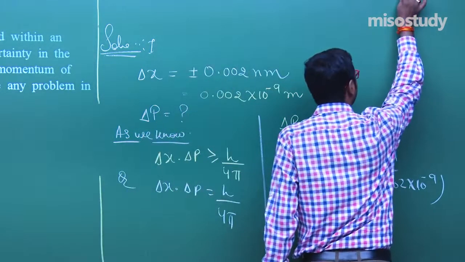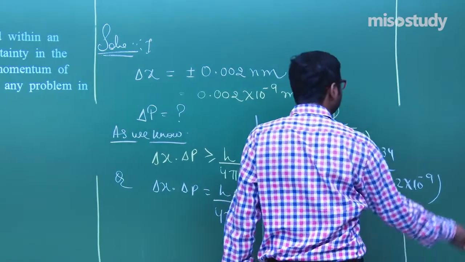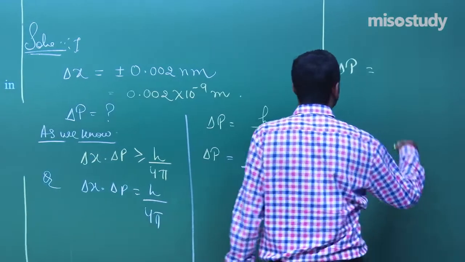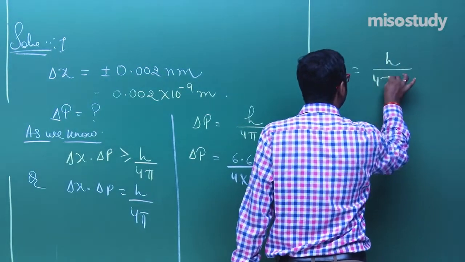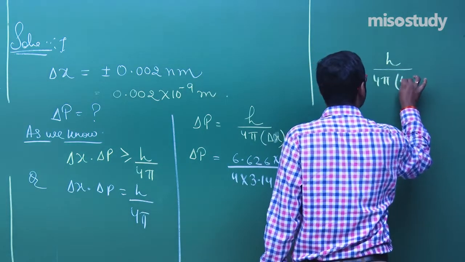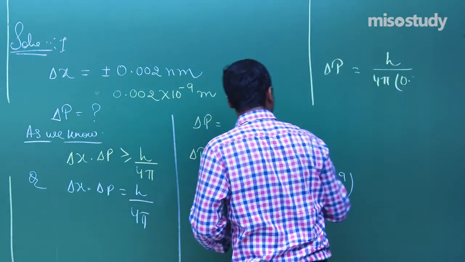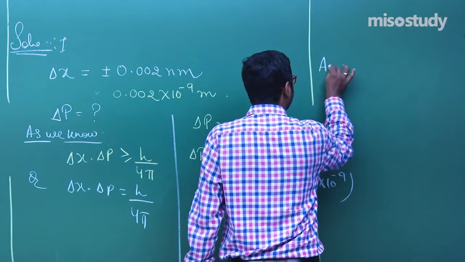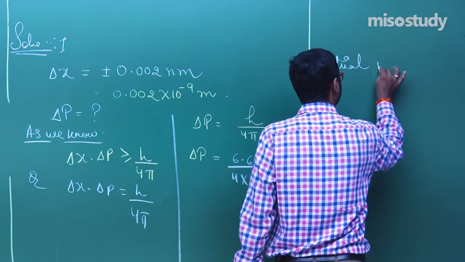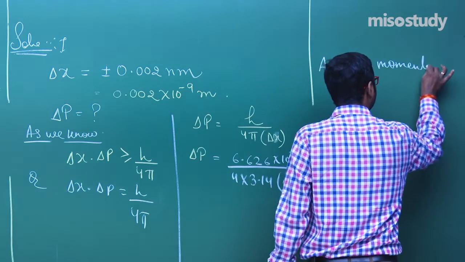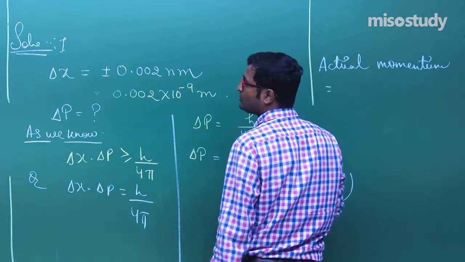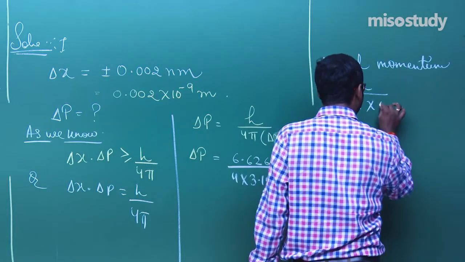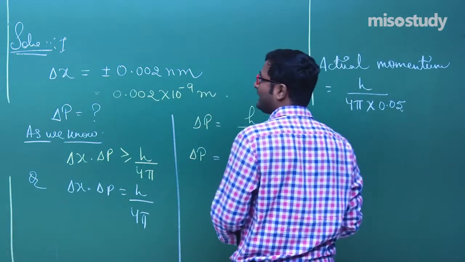Now moving on, what is the next part? It is given the actual momentum. It is better to write like this: the actual momentum given here is equal to h upon 4 pi into 0.05 nanometer.